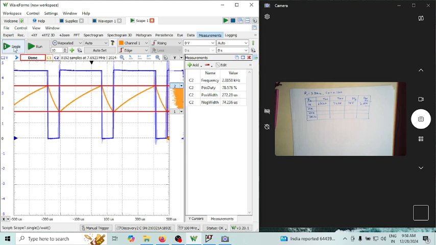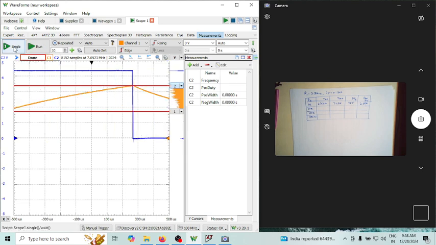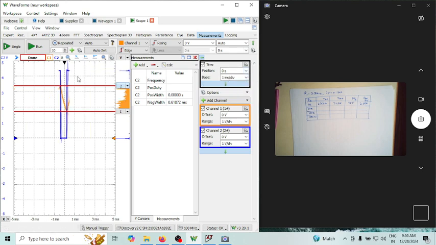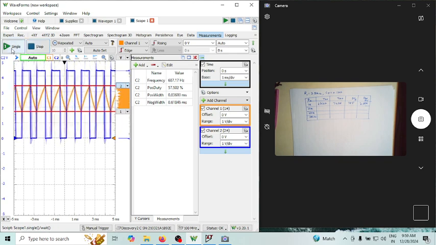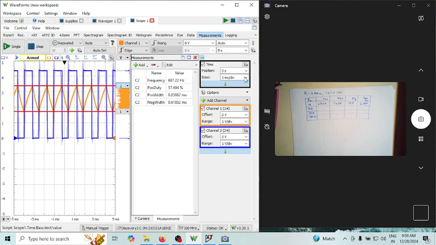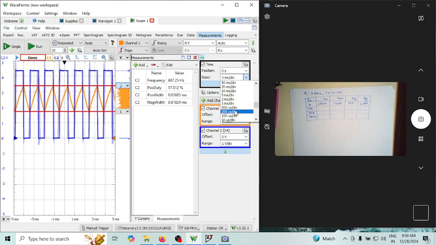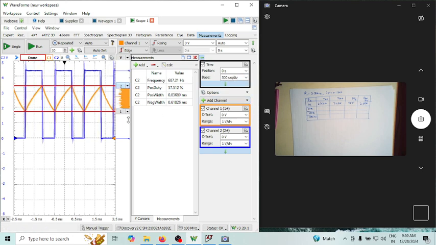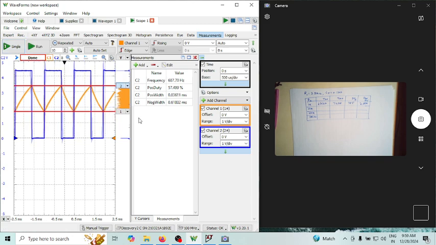Let me change this time to a bit more so that I can run. Let me do it for maybe 200 microsecond, or maybe 500, so that everything is visible. Now let me run it again. Okay, these are my timings.